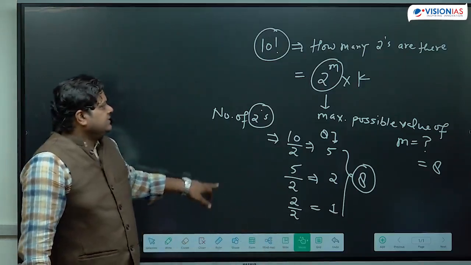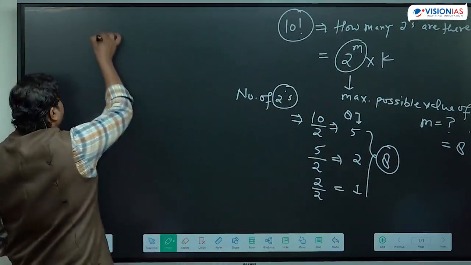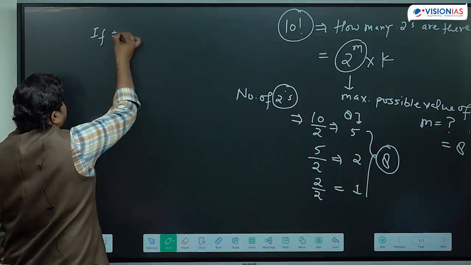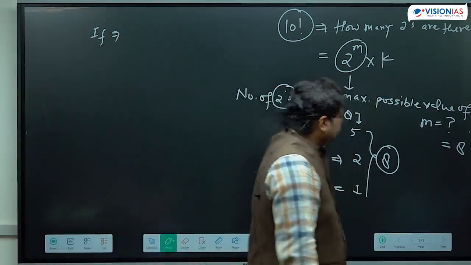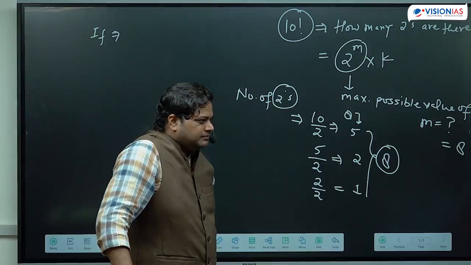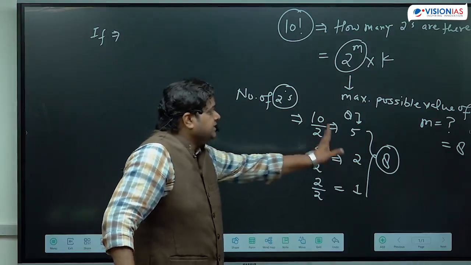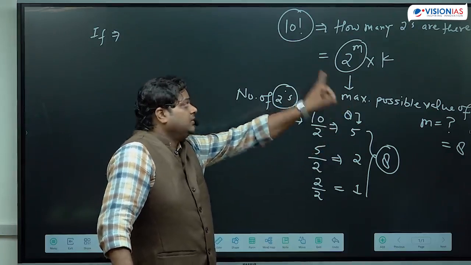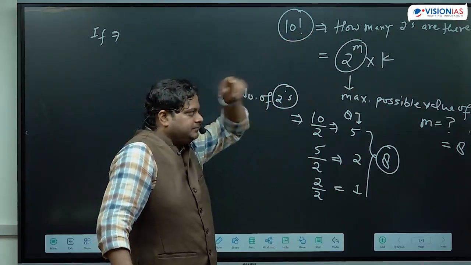इसी में if I ask कि number of 3s, yes, 2 का पावर m की value is coming 8. 2 is coming 8 times. So 2 के पावर 8. 2 is coming 8 times.